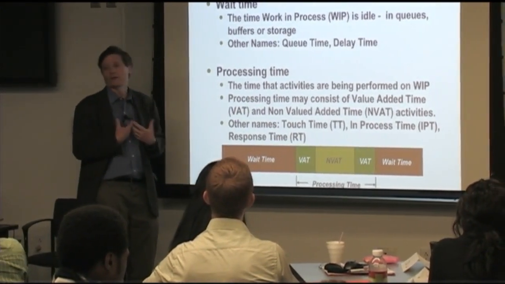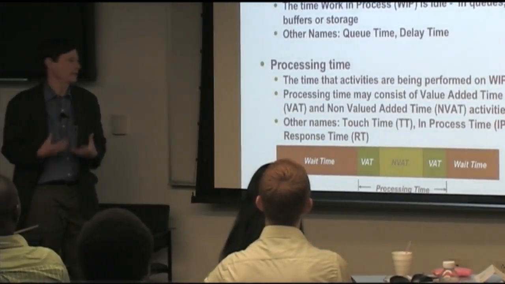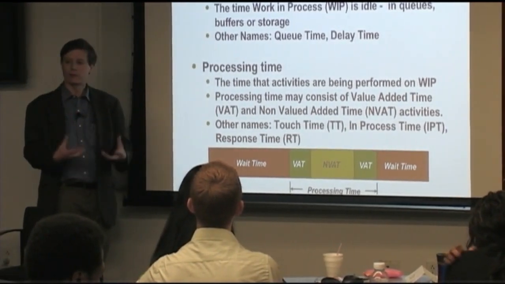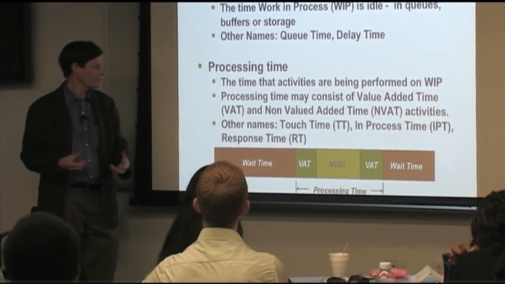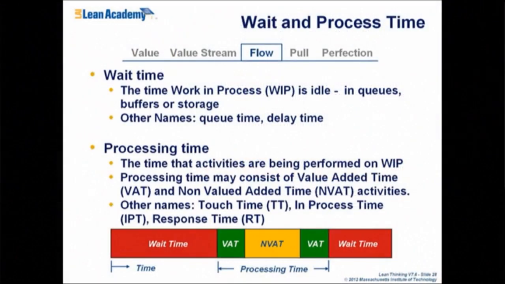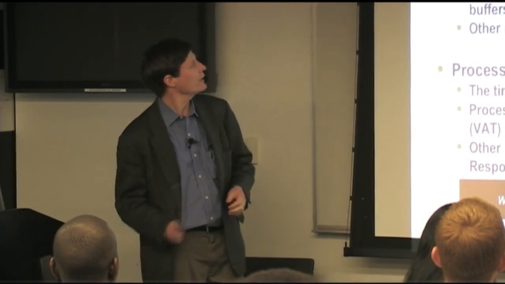It means, for example in engineering or healthcare work, someone is working on it. Both of those fields are very people-intensive. If somebody is working with the patient or working with the diagnosis or working with the engineering drawing, that's touch time. It's also sometimes called in-process time or response time, in the sense of how quickly the people can respond to a demand that they get something done. And these things tend to pile up.